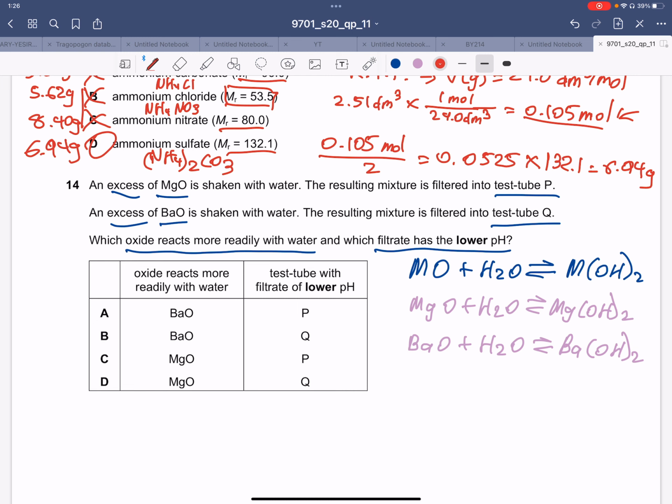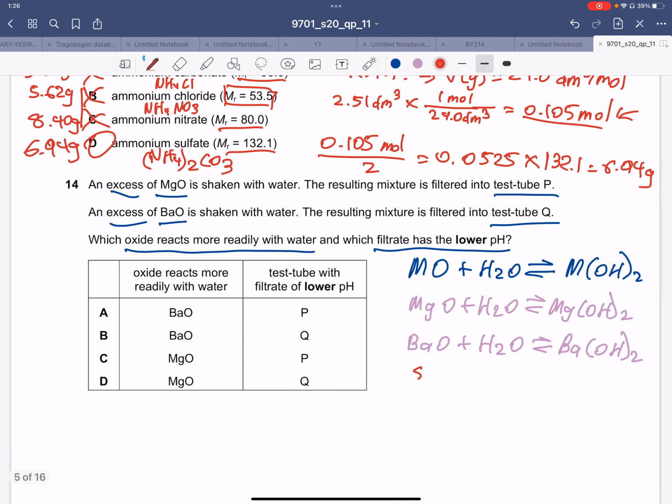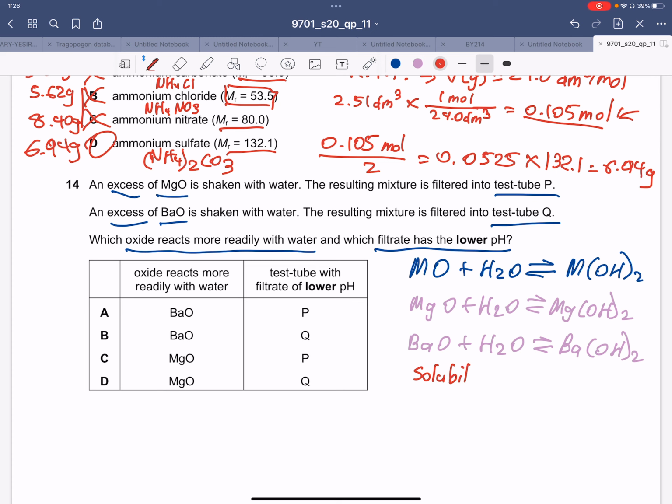The reason for this is that the solubility of the group 2 hydroxides increases as you go down the group.